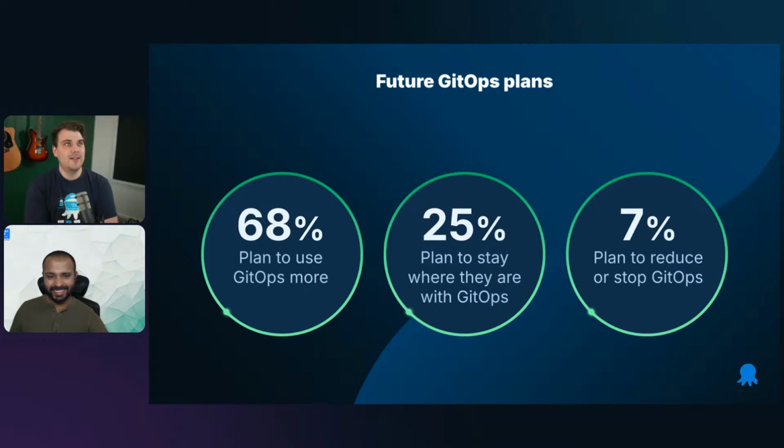And we saw a very strong correlation between the 7% who plan to stop GitOps having not adopted all of those GitOps principles. So they would typically have started with declarative state and version control, but they didn't move through from there.